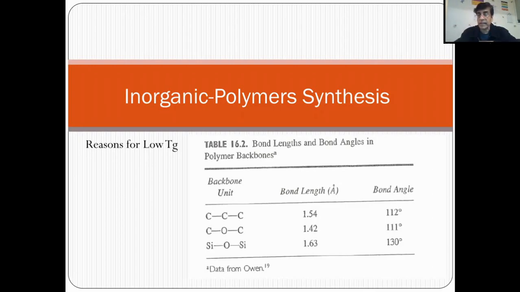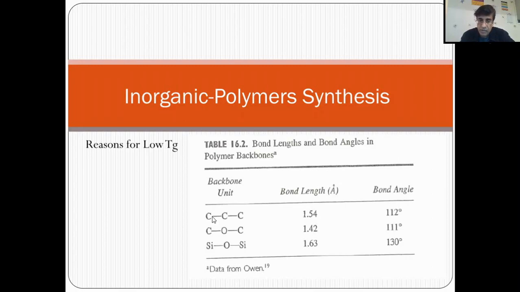And what are those factors? One of the important factors is bond length. As the bond length increases, the glass transition temperature decreases, because if you have more bond length, the linkage between the two atoms will be more fluffy, so they can easily move.